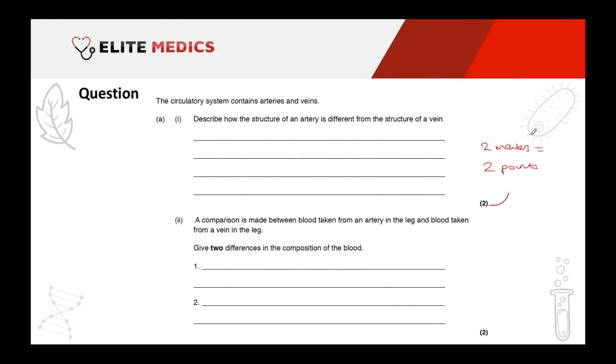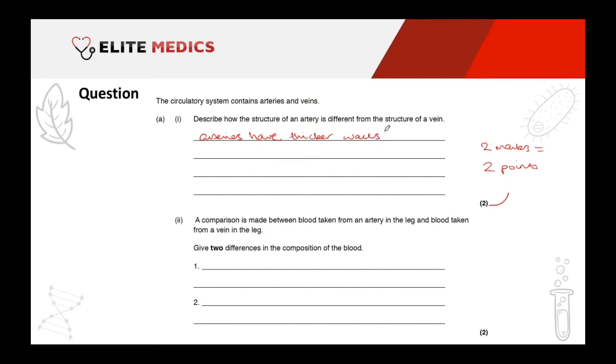So this seems like a pretty straightforward question to me. Describe how the structure of an artery is different from the structure of a vein. We've definitely covered this. Okay, so think back. So the first thing that's immediately popping to my head is that arteries have, what do they have? They have thicker walls.